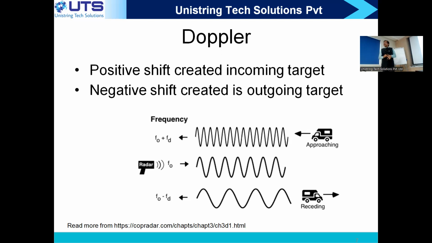1 meter, 1 meter. Will it be the same? Who says it's the same? Please raise your hands. Okay. Who says it is not the same? Please raise your hands. No, both are coming towards each other. Yes, she is coming 1 meter per second.